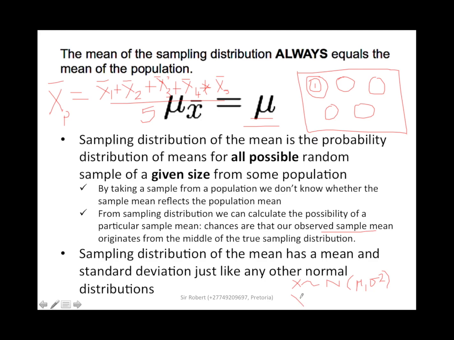But for the sampling distribution of the mean, x bar follows a normal distribution with mean mu, but the difference is the variance is sigma squared divided by n. When you get the standard deviation, it will be sigma over the square root of n. That is the standard error.